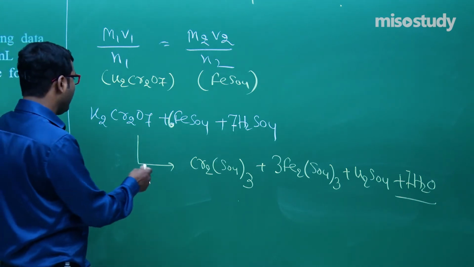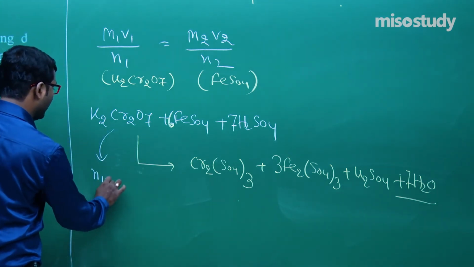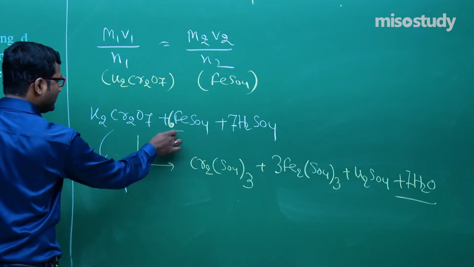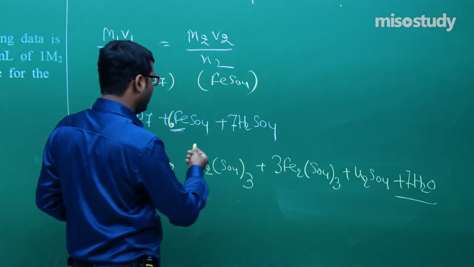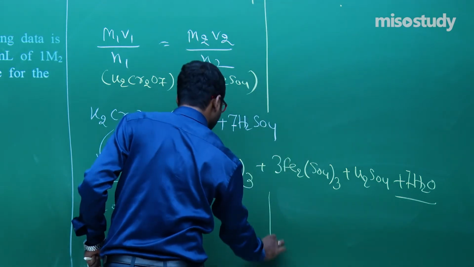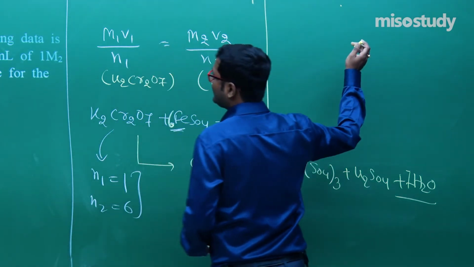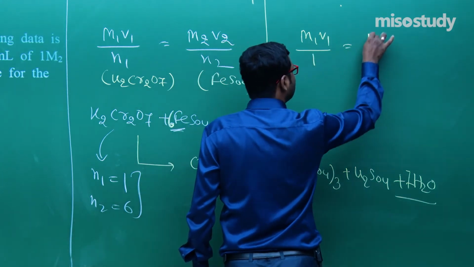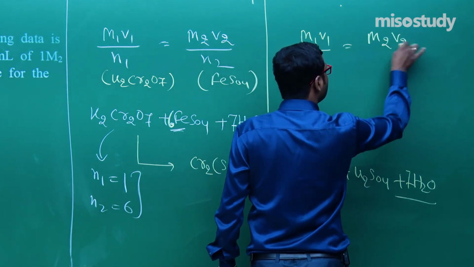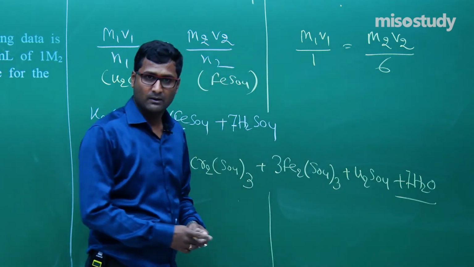Now here what we get, this one is N1, N1 is equal to 1, and this one is N2, and N2 is equal to 6. Now I am putting this value in the equation. What is M1? We do not know. M1V1 upon 1 is equal to M2V2 upon 6. Visible?